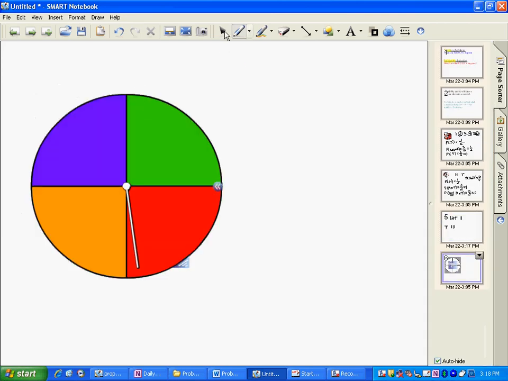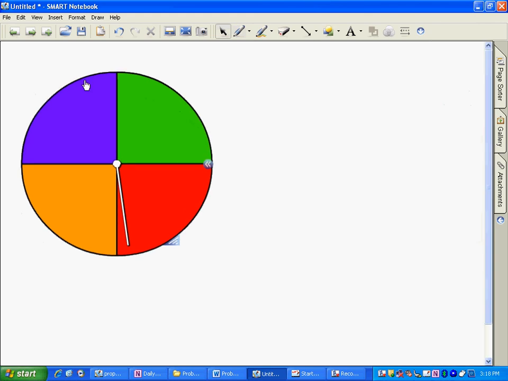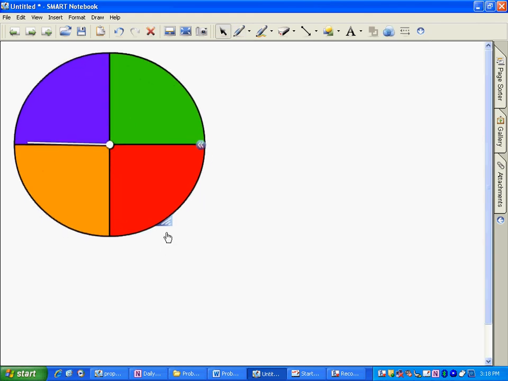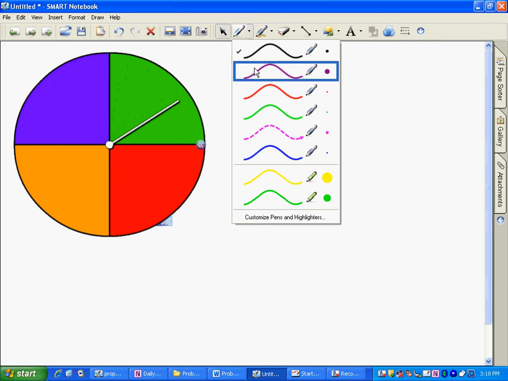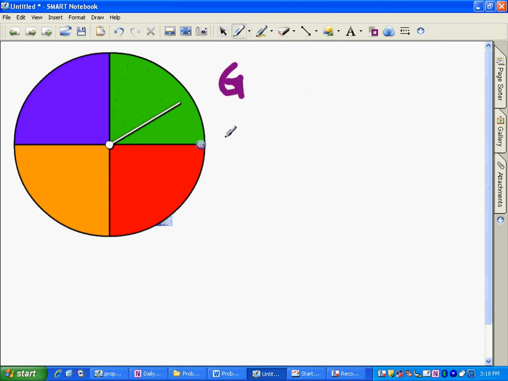Here is a spinner, and this is a special kind of spinner in that I can tap it and it spins. And so I'm just going to keep track of what happens. So we've got green, red, orange, and blue. All right, so it landed on green one time.